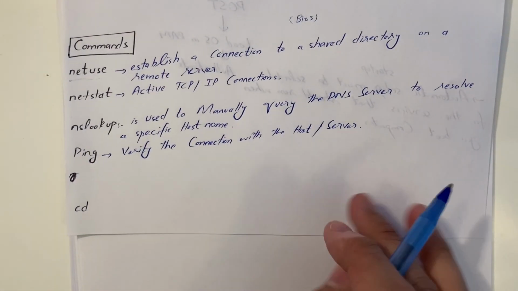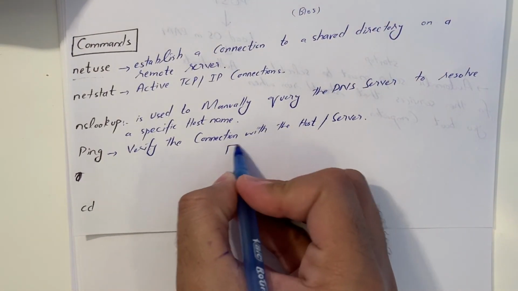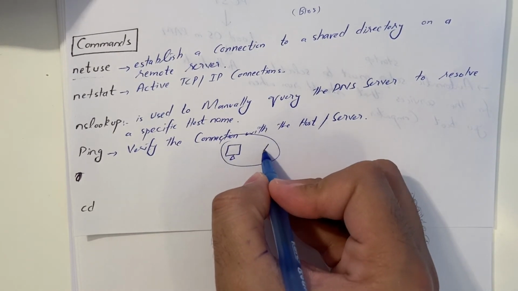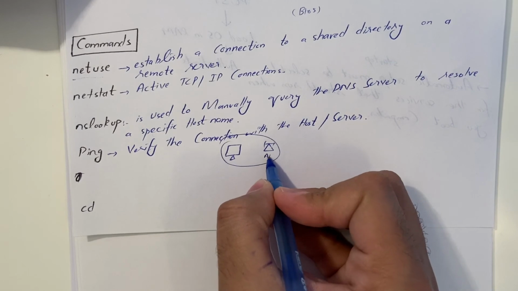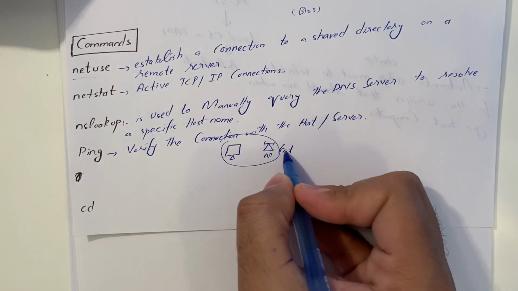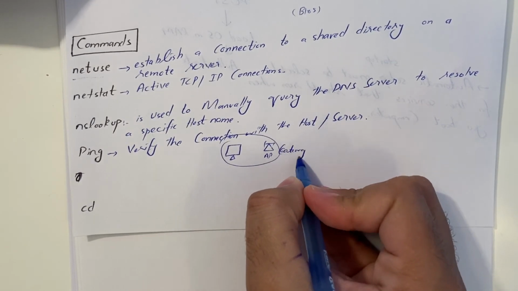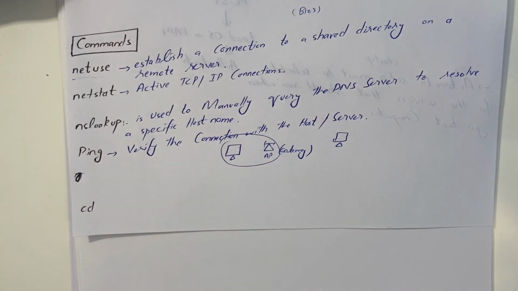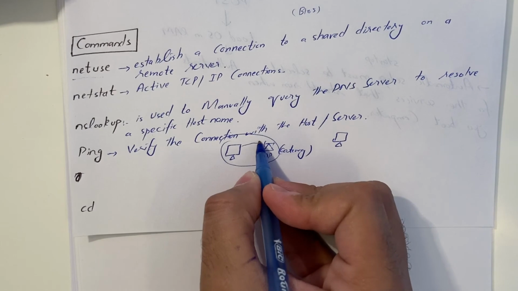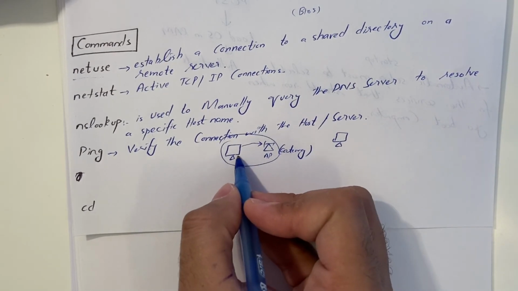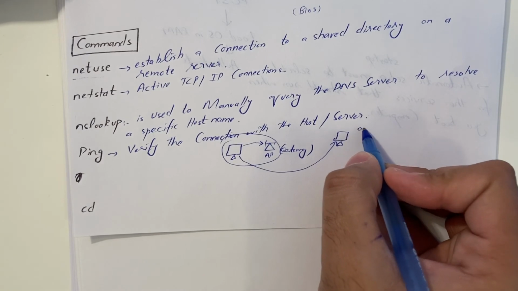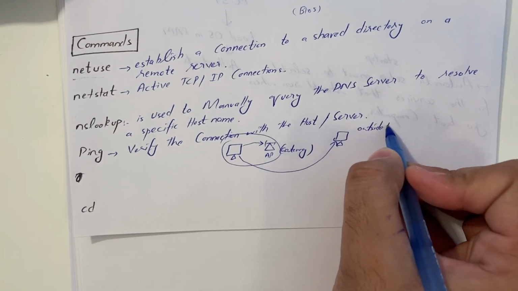Let's say this is your computer, and you are in the local area network, and this is your access point, also known as gateway. And let's say this is another host which is outside your local area network. So you send a ping command to your gateway and a ping command to this outside host.